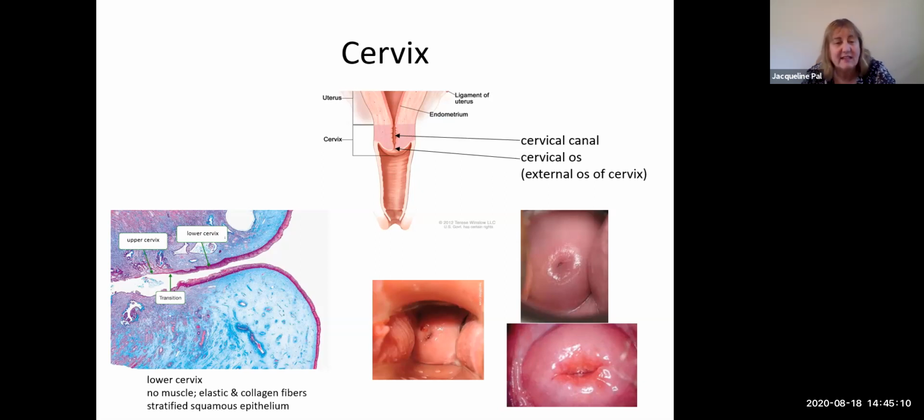It's mostly elastic and collagen fibers, and you have to go higher up into the canal to have the smooth muscle. And that's why doing the pap smear doesn't cause any cramps or anything like that. It's only if you get the little brush put up into the canal to try to collect cells and or bacteria from up in there.